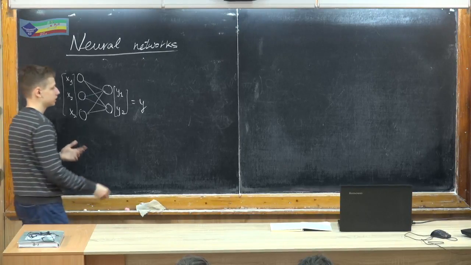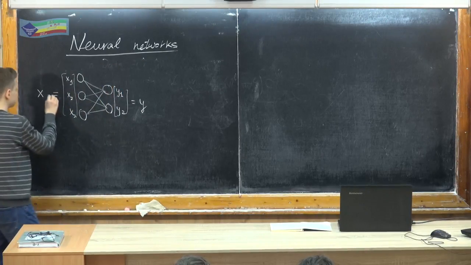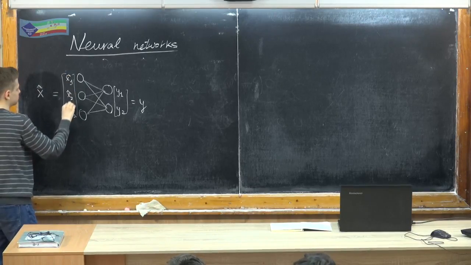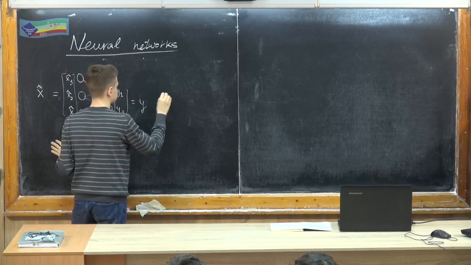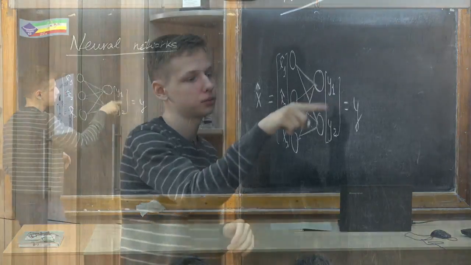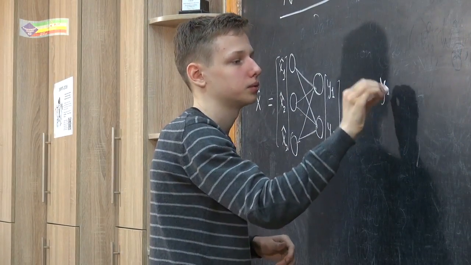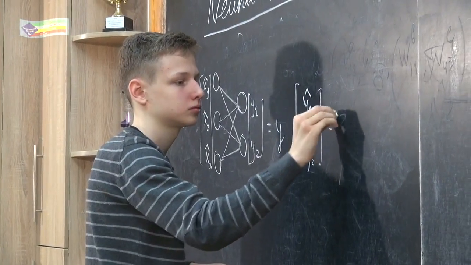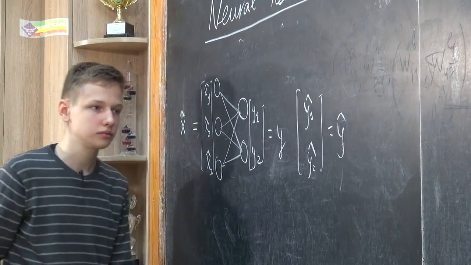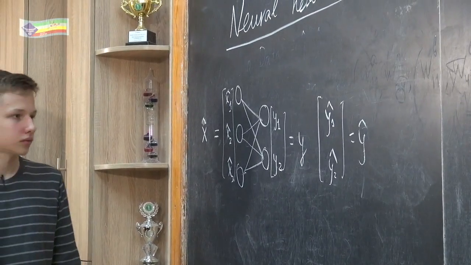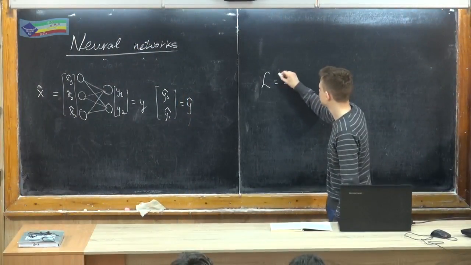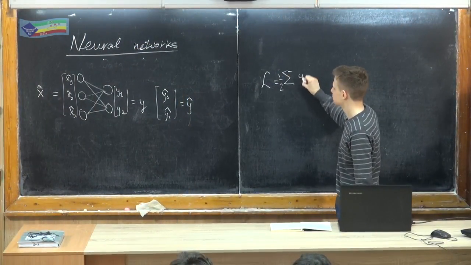And we have the desired value. So this is a data point, and we want these output values, y1 and y2, to be y1 with the hat and y2 with the hat. And we define the loss function as a sum of one half of the squared differences.